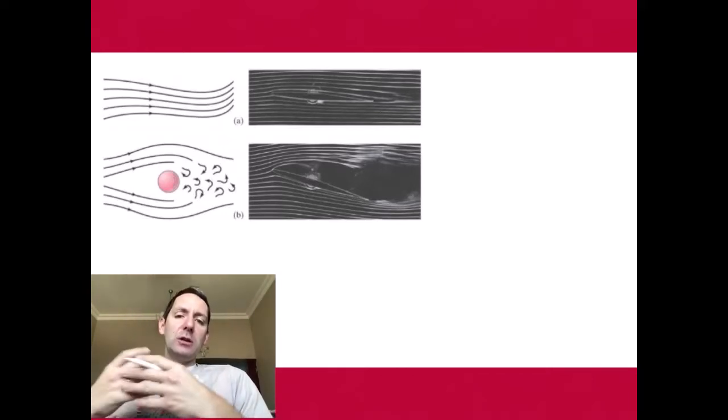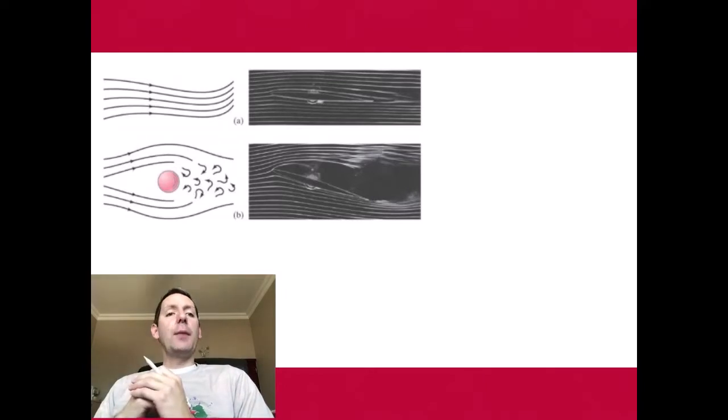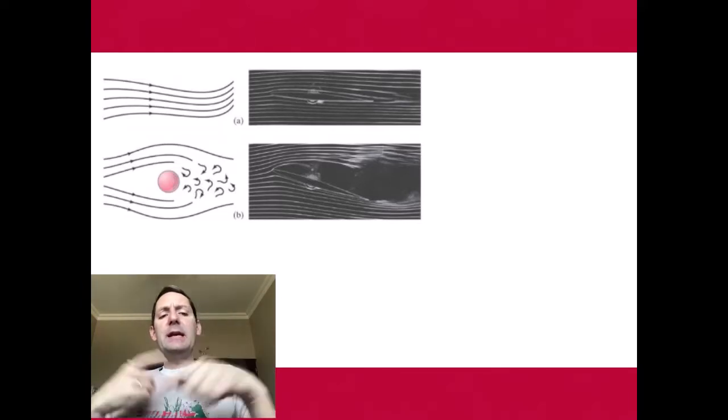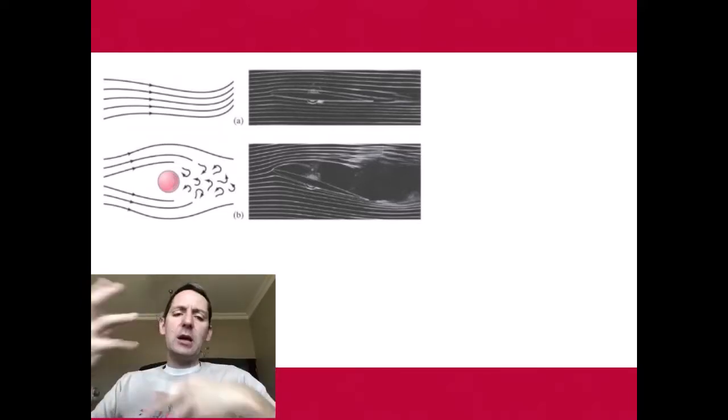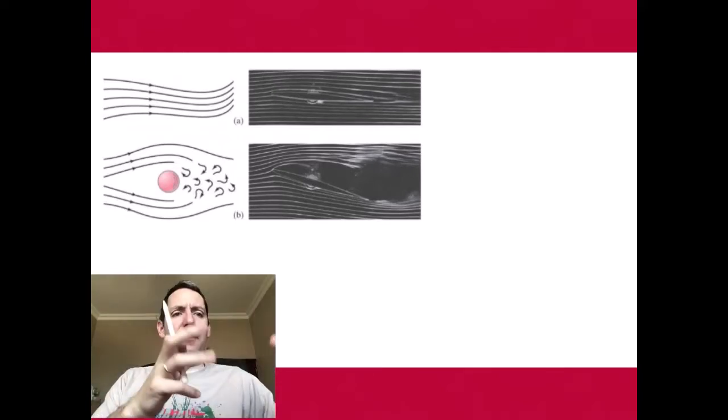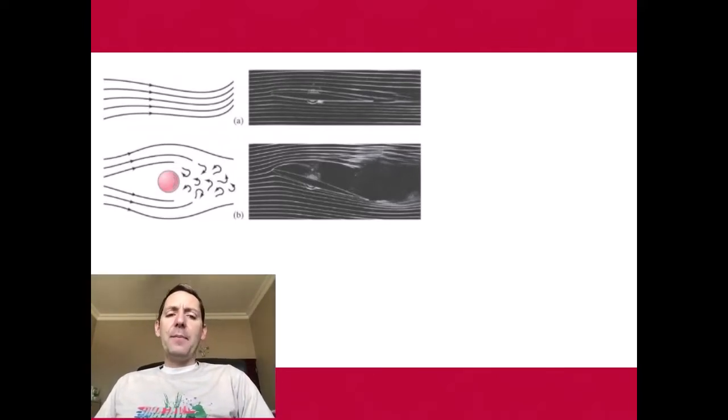But a steady or laminar flow is one like the top one up here. You can see in part A where the fluid is moving in straight lines, right? It's not really bouncing around. It's not going in circles. There's no eddies there. It's just going very, very steady. Now, this often happens if there are no large obstructions, if it's not moving too fast.